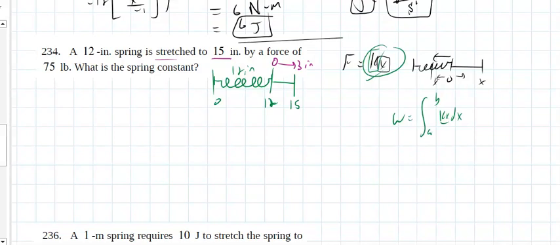Well, first thing you do, you say, well, look, force equals kx. What's the force? By a force of 75 pounds. 75 equals, we're looking for k, times 3 inches. So k is 25. So my force for this spring is 25x.